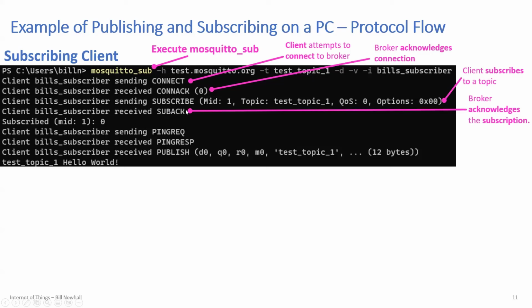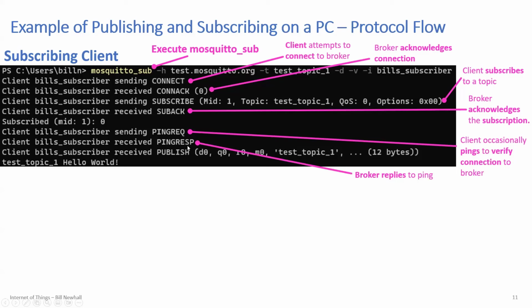Then every once in a while, the subscriber would like to know, hey, broker, are you still there? Because if someone unplugs the PC or stops the broker software, you'd like to know, as a subscriber, that there's no more data coming and maybe handle that condition. So every once in a while, this subscriber sends out this ping request to verify that there still is a connection to the broker, and the broker says, yes, I'm here, with the ping response.